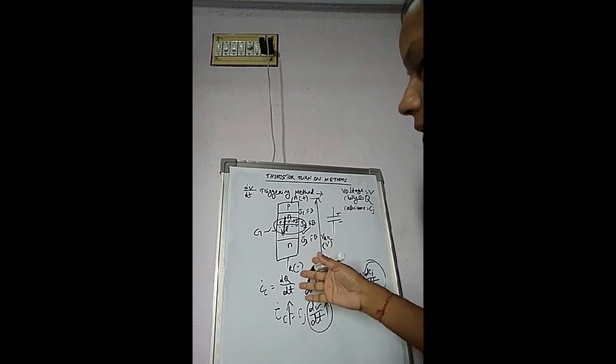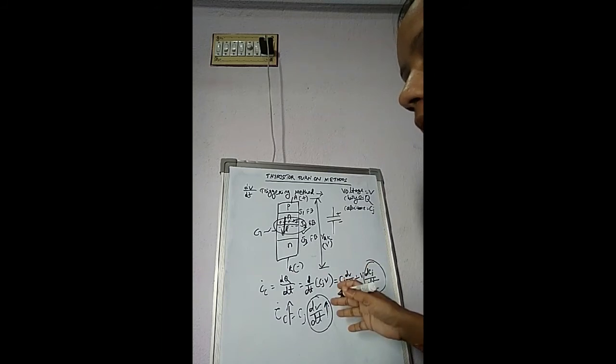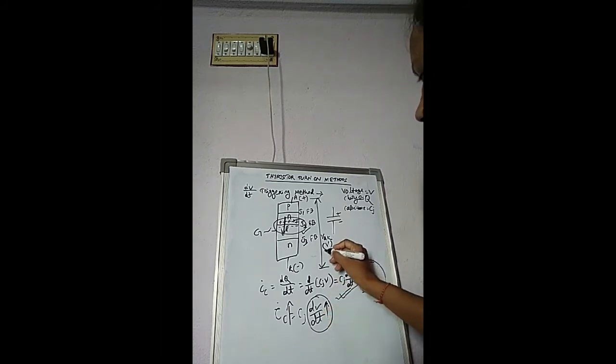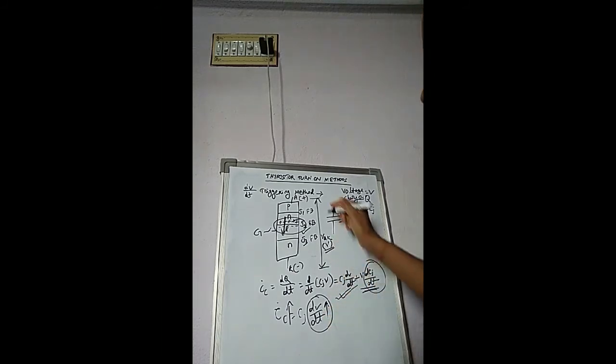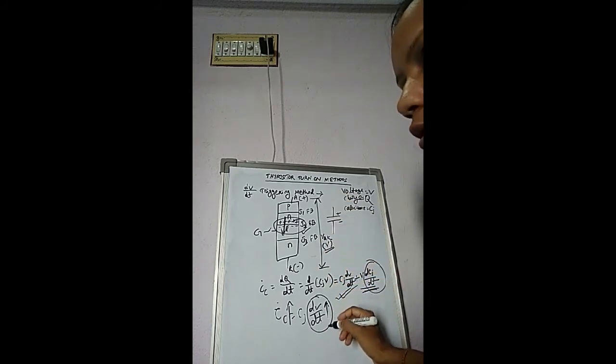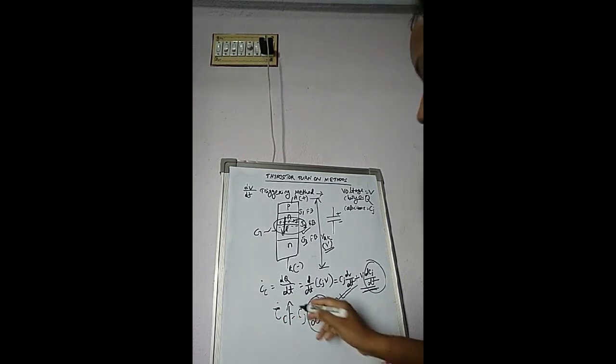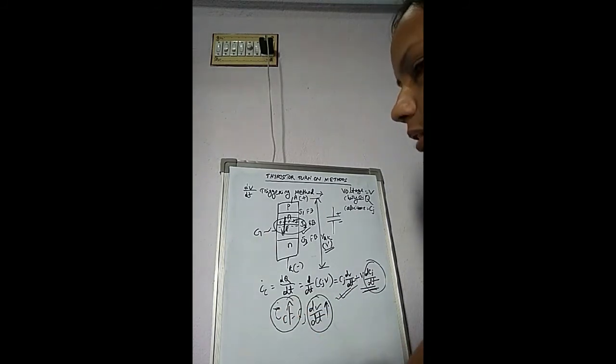Then the device may turn on even though the voltage appearing across the device is small, because the rate of change of voltage is large. That's why IC is large, and the device turns on from off state to on state. So this is all about the dV by dt triggering.